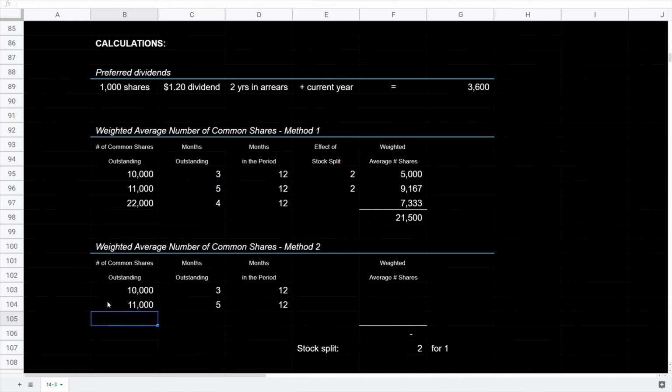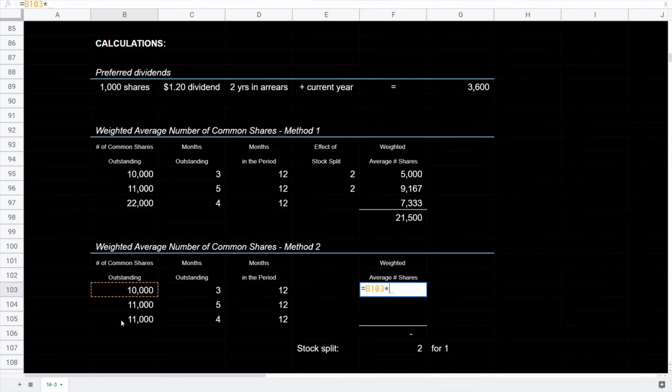What we're going to do in this method is, because we know in accounting we're going to apply the effect of the stock split to everything as if it occurred at the beginning of the year, in this second method of doing this calculation, we will not apply the stock split here. We'll just keep the number as is. We know it's 4 months out of 12 months in the year.